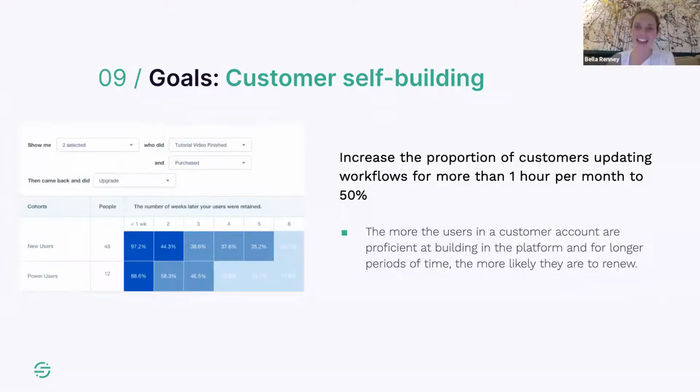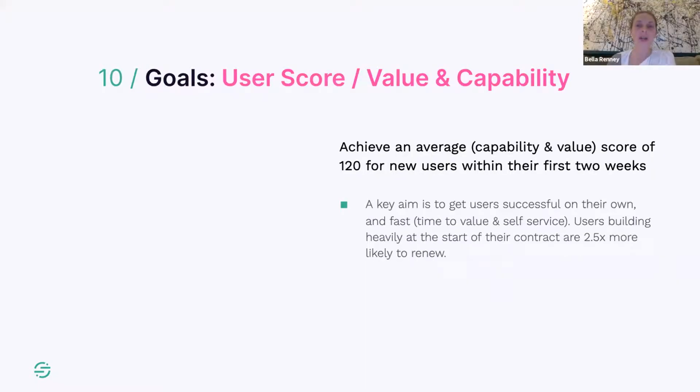Nice. Next. So as I said before, value and capability were really important in the user score model. So we wanted to say, okay, within the first 2 weeks of a new user joining the Tray platform and creating their account, how can we aim for them to be really successful as fast as possible within that 2-week period?